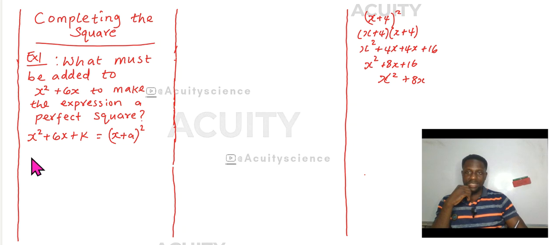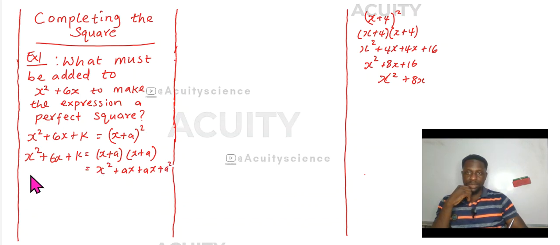So I'll rewrite this as x squared plus 6x plus k, equal to x plus a times x plus a. x times x, x squared, x times a, ax, a times x, ax, a times a, a squared.